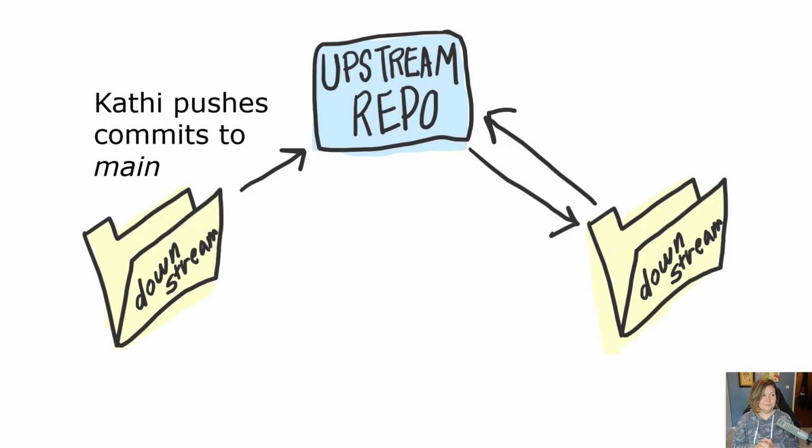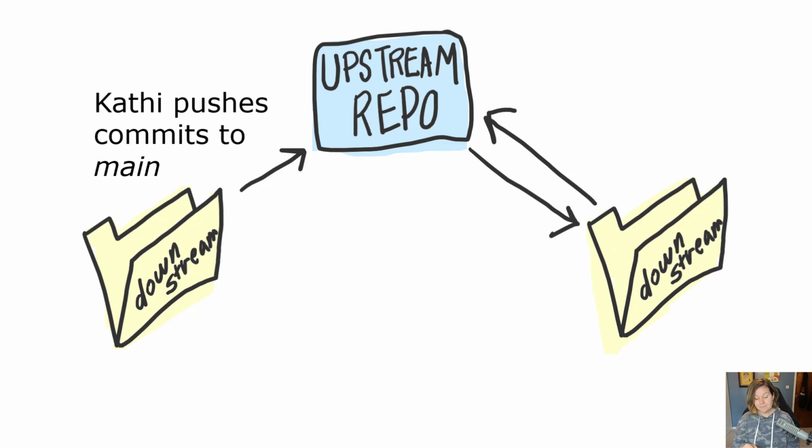You can have whatever you want as your default branch, but let's say that we're just working in this default one that's named main. Sometimes people refer to the default branch as trunk. You might hear people say that word. You might hear people say master, which sometimes is the name of the default branch. In GitHub now, when you create a fresh repo, it will give you a default branch named main.